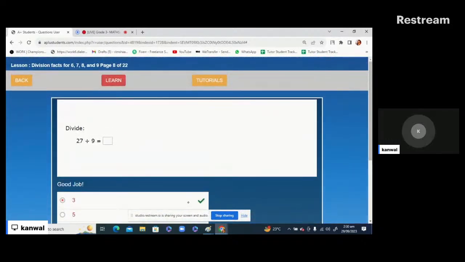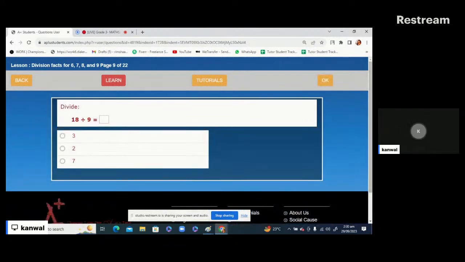All right, 9 times 3. Okay, solve this one. 18 divided by 9. Solve everyone and then tell me.